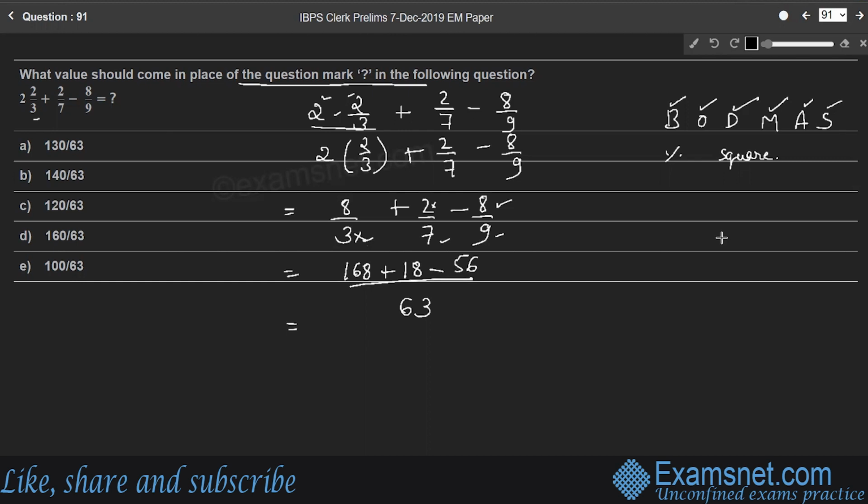Therefore, 168 plus 18 is equal to 186 minus 56 by 63, which is equal to 130 by 63. Hence, the answer is 130 by 63. Hence, option A.